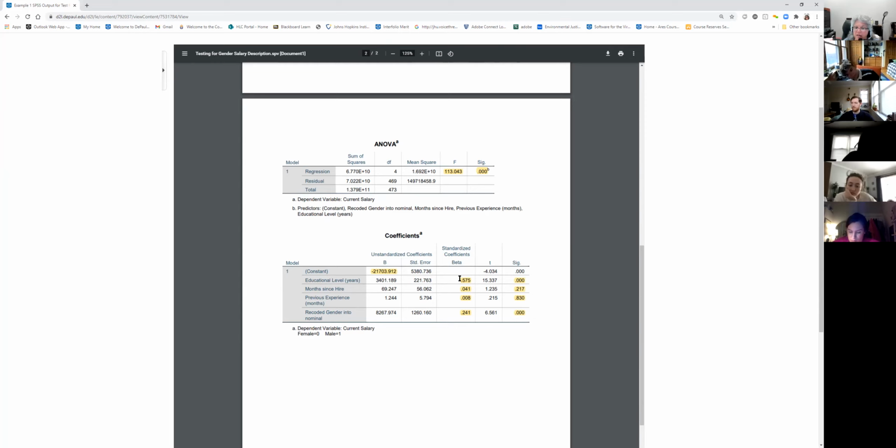(Standardized coefficient beta equals 0.575, sig equals 0.000.) You have just now interpreted this individual independent variable of education and current salary.